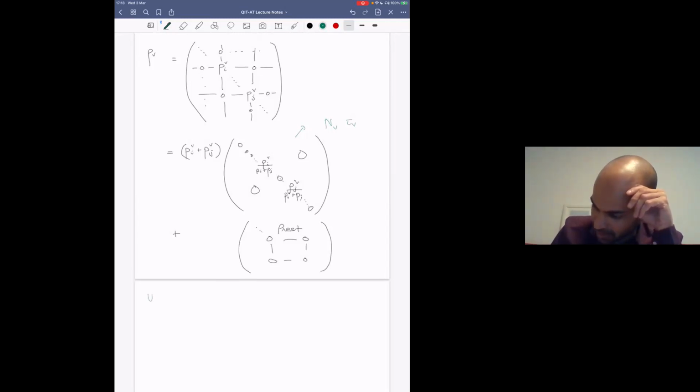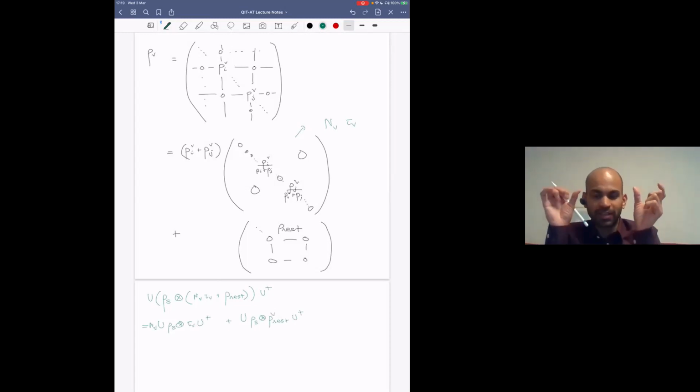Then U acting on rho S tensored with this sum, NV tau V plus rho on the rest, U dagger, is equal to U rho S tensor NV tau V U dagger, since NV is just a number and can come out, plus U rho S tensor rest on V U dagger.